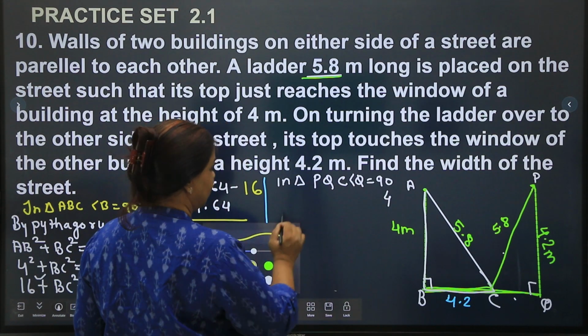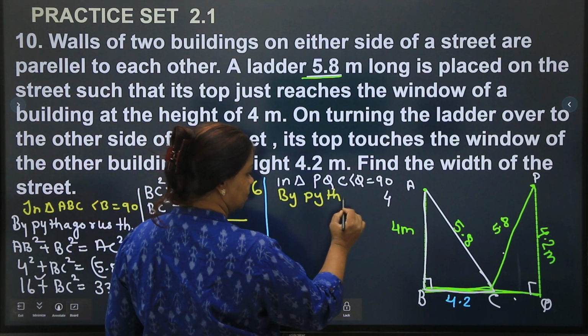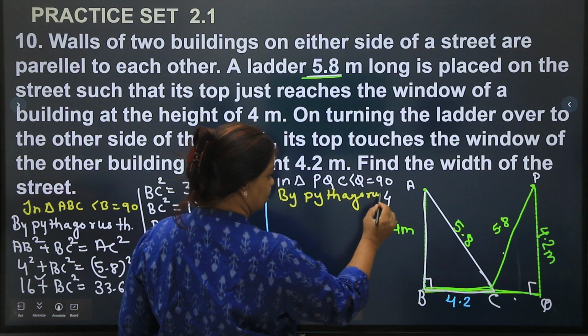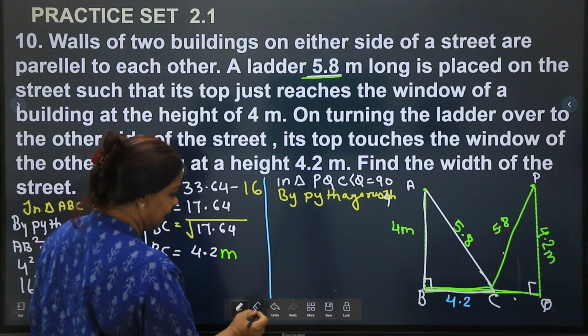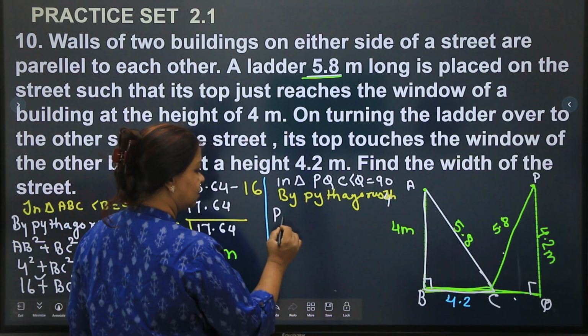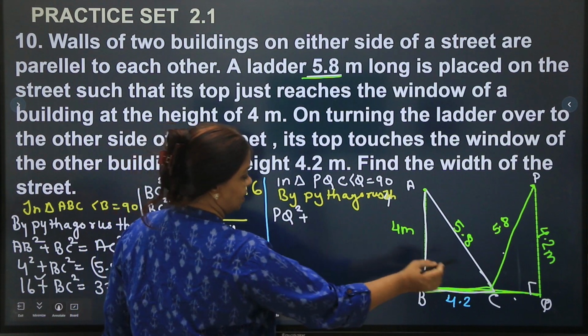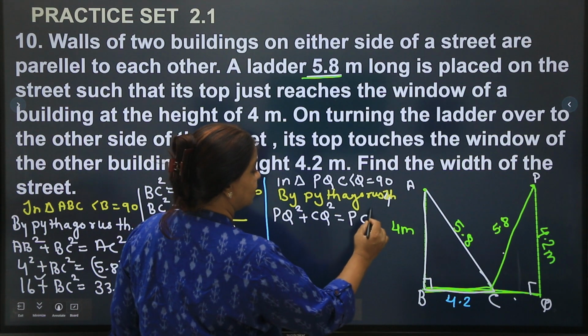Therefore, by Pythagoras theorem, what we will get? PQ square plus CQ square is equal to PC square.